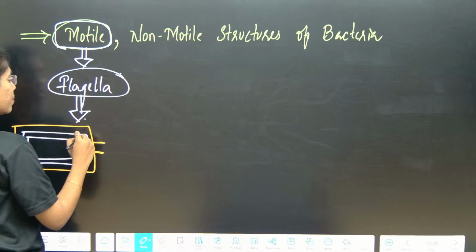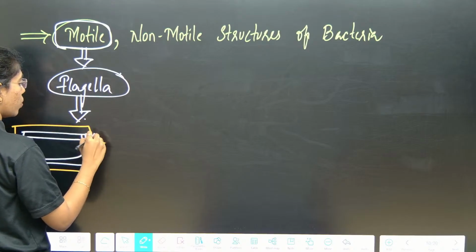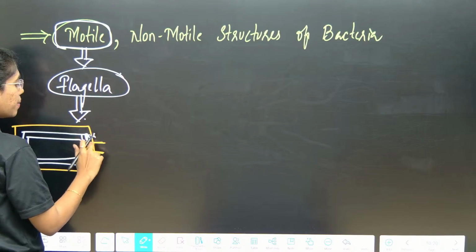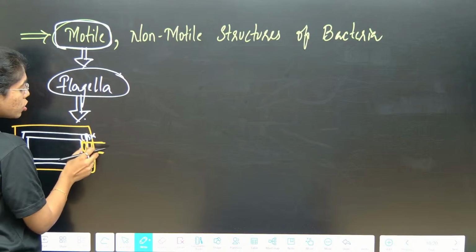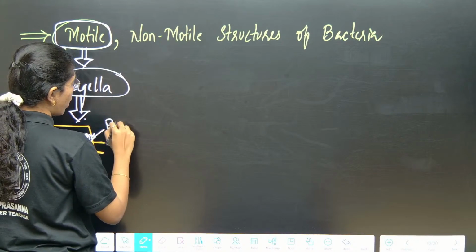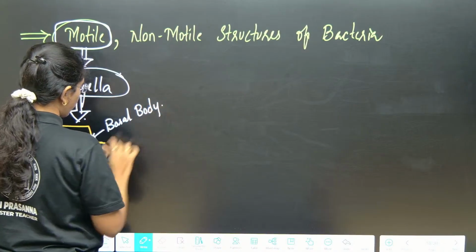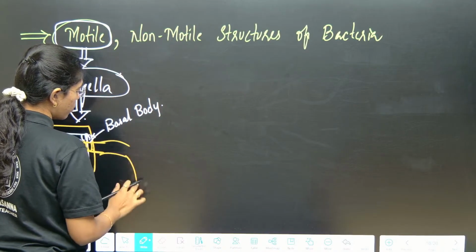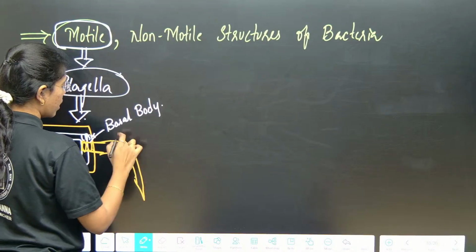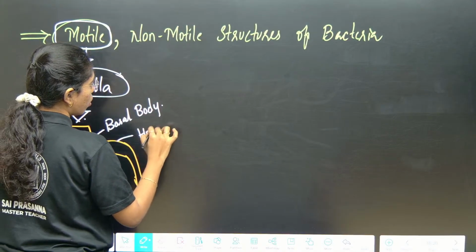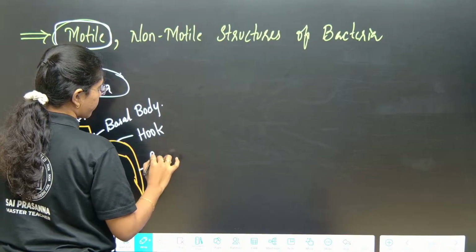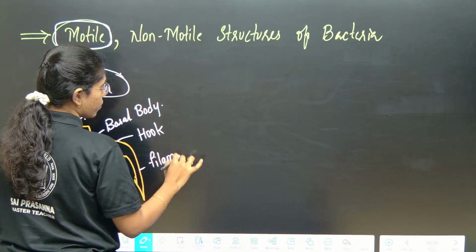It has L, P, S, M rings. This is called as what? Basal body. Basal body followed by hook followed by filament. Fine, right?